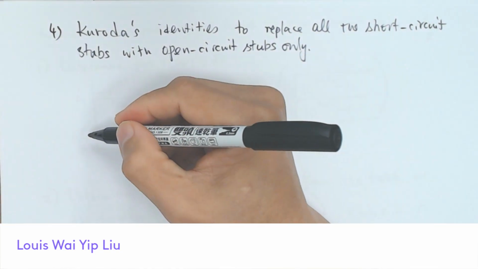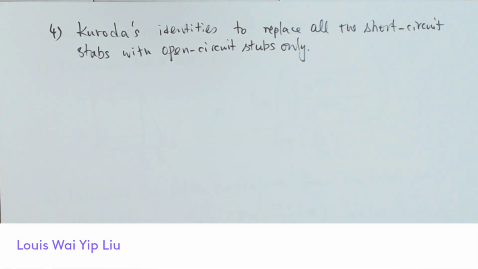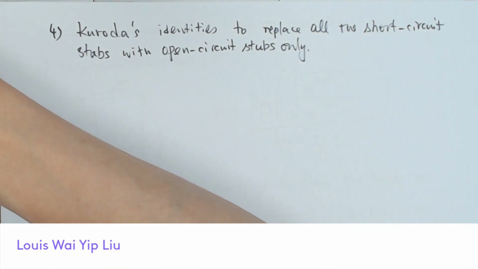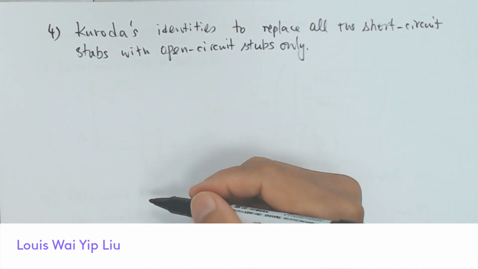So before doing anything, I think it's important for me to explain how we can use these identities more efficiently.